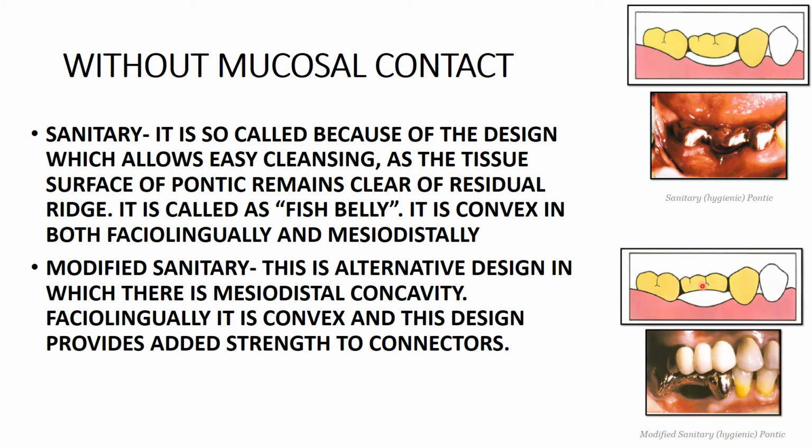Now over here you can see the difference between the sanitary and modified sanitary. So it is concave mesiodistally now, and it is faciolingually convex. So the difference is only in the concavity mesiodistally. Now this design provides added strength to the connectors, and at the same time it allows space for easier cleansing. So these are the advantages over the sanitary ones.